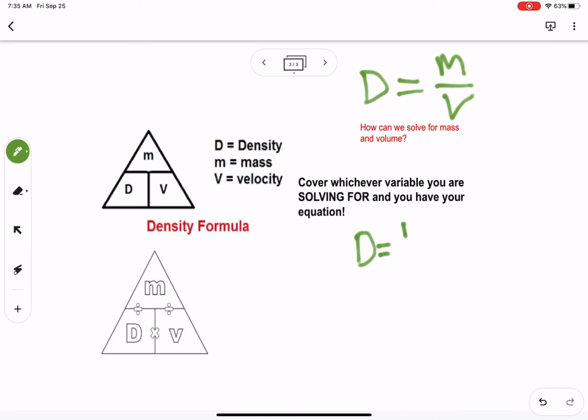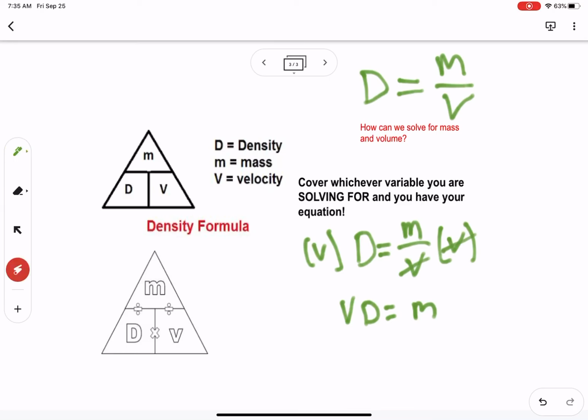Density equals mass divided by volume. If I multiply by volume on both sides of my equation, those would cancel out, and I would be left with VD equals M, right? So I actually just solved for mass right there, because mass equals volume times density.